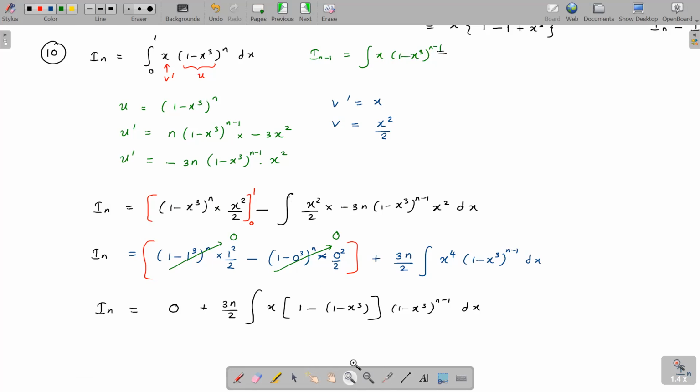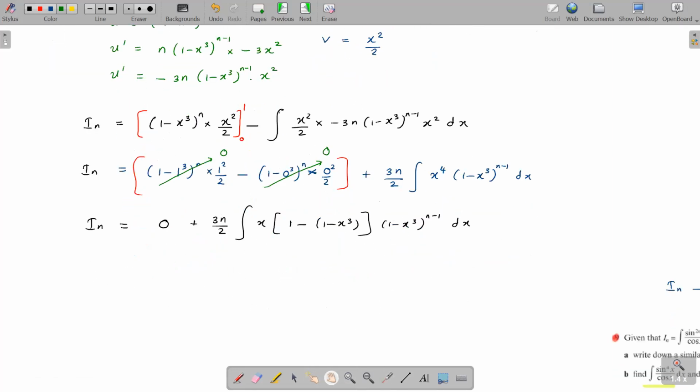So I don't want to rearrange the bracket and waste time, but I'm going to open this bracket by using these two together. Basically there's a bracket here, and I'm going to open this bracket by using the x and the 1 minus x cubed to the power n minus 1. Do you get what I'm trying to do? Both of them get together and expand this bracket. Shall we expand the bracket?